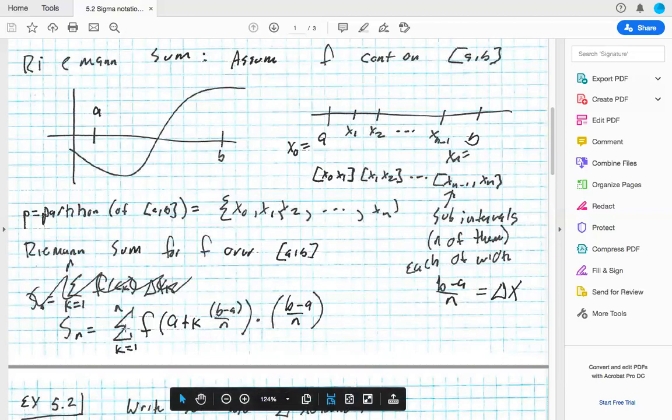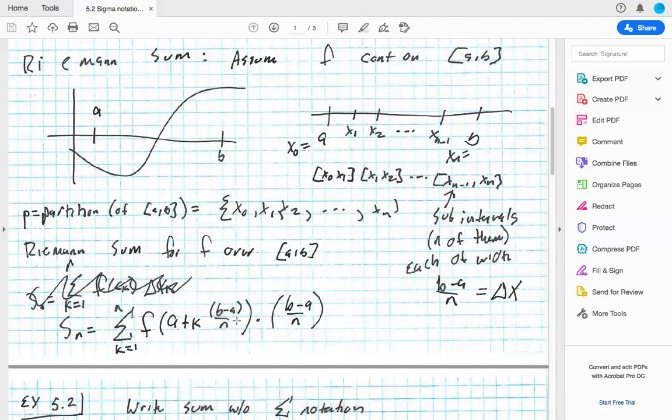S sub n is the sum from k equals 1 to n of f of a plus k times, well, k is what we're indexing with. a is our starting point over here. b minus a over n is a little delta x. So another way of thinking about this is f of a plus k times delta x. This right here is just telling us our height. Now think about it for 1 second.